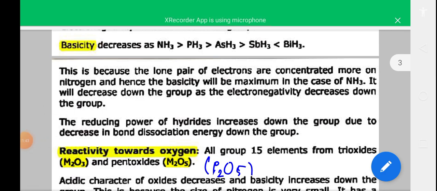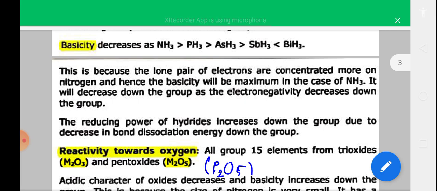So basicity decreases from ammonia to bismuth hydride. This is because the lone pair of electrons is concentrated more on the nitrogen atom, and hence basicity is maximum in ammonia, and it decreases down the group as electronegativity decreases down the group.